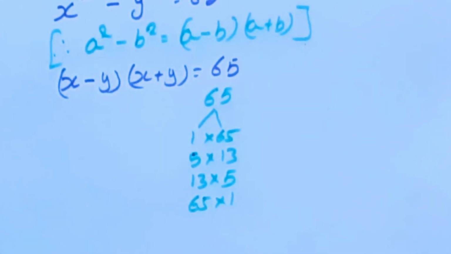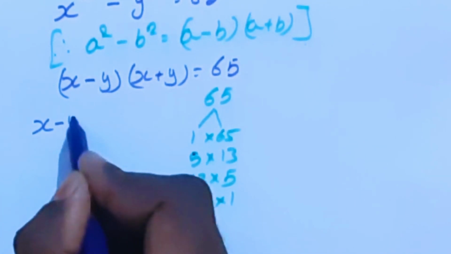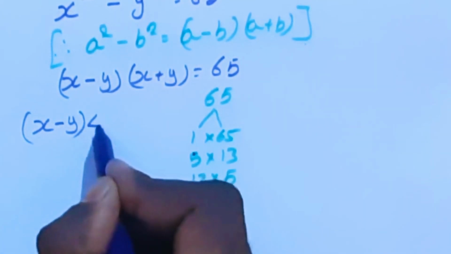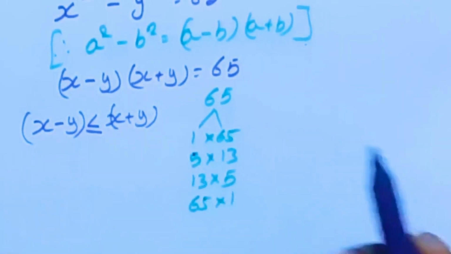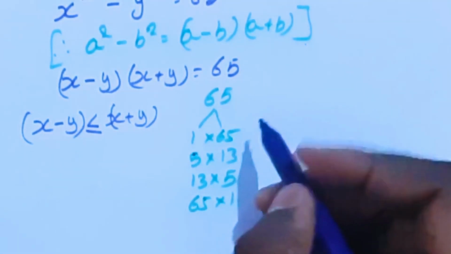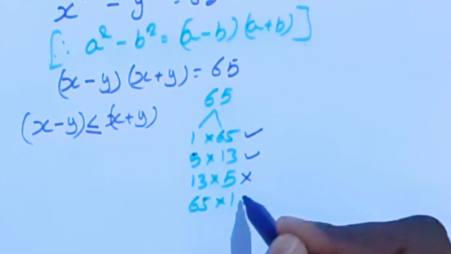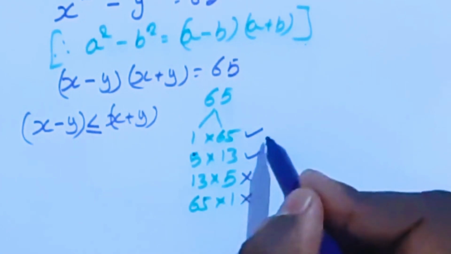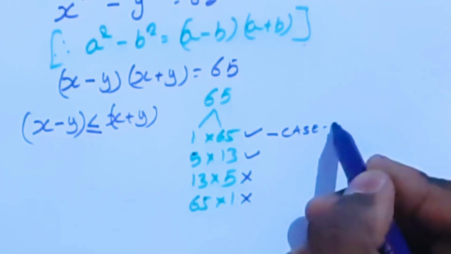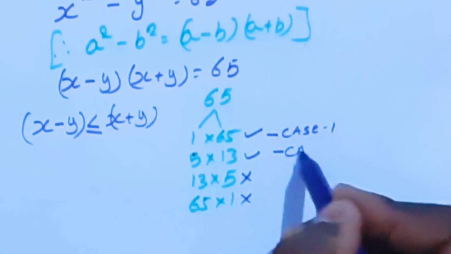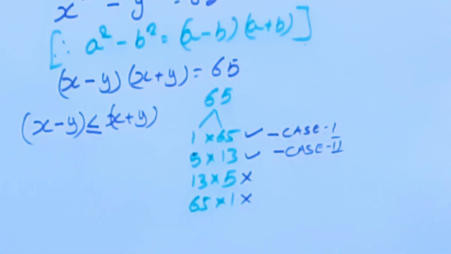Now if you see this, x minus y and x plus y are not equal, so we are considering this and rejecting this case. So this is case 1 we are going to apply here. Also this is case 2. Now we are going to implement this here.